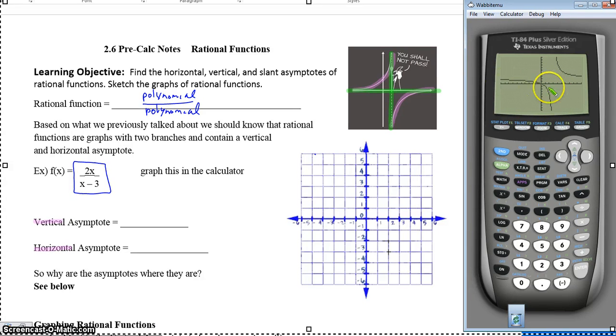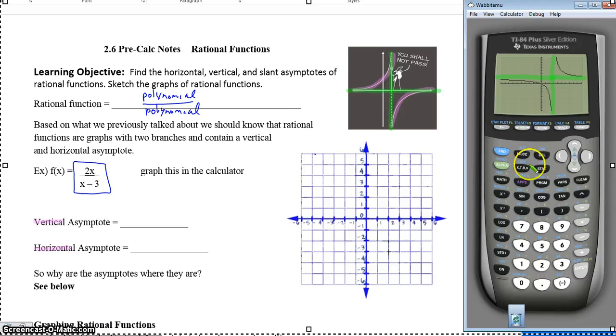As I look at the vertical asymptote, it's occurring here. You'll notice that it's going through at x equals 3. The horizontal asymptote is a little bit more difficult to see, but it's the line here, and that's occurring at y equals 2.